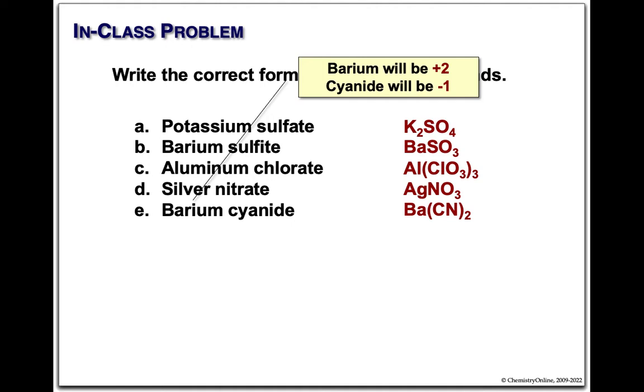If we didn't have the parentheses, we would look at this and say CN2. Carbon with 2 nitrogens. Nope, not that, not that. Enclose the whole thing in parentheses and then say how many you have. Any questions?